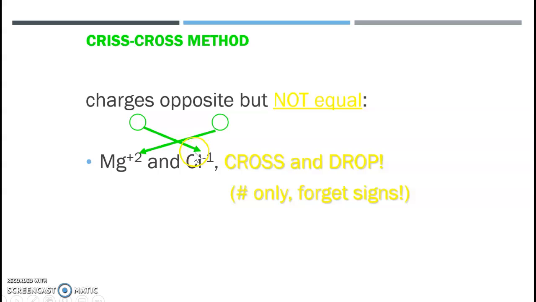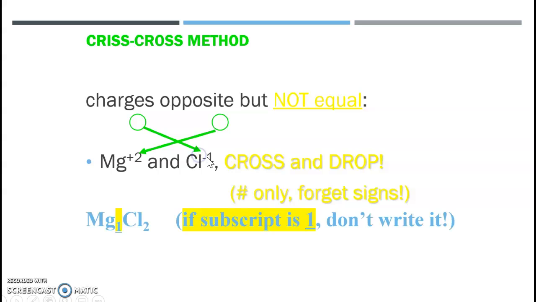So we take the chloride and that 1 goes over there, and the magnesium, that 2 goes over here. If that subscript is 1, we do not write it. We end up with MgCl2.